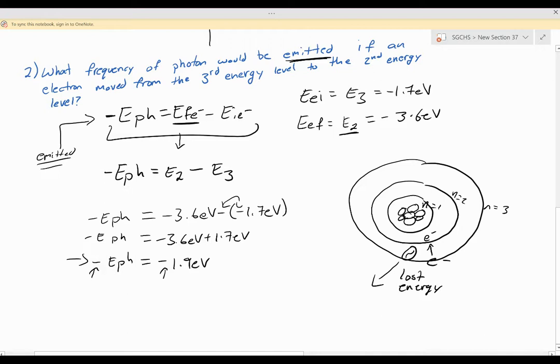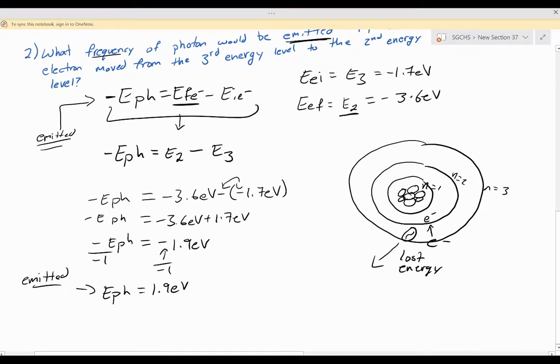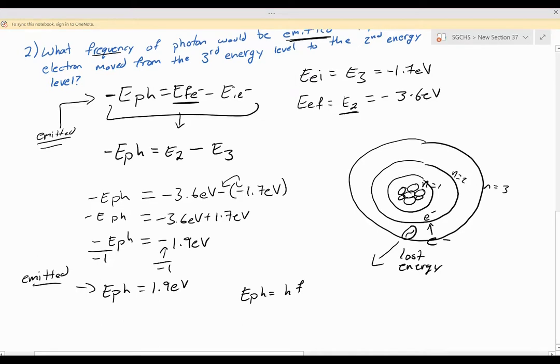So now, in order to finally solve for our photon's energy, we will divide by negative 1 on both sides. So the photon's energy here is positive 1.9 electron volts. And again, it was emitted. And from here, we can solve for the frequency at which this photon was being emitted. So the energy of a photon equals h times f, so Planck's constant times the frequency.